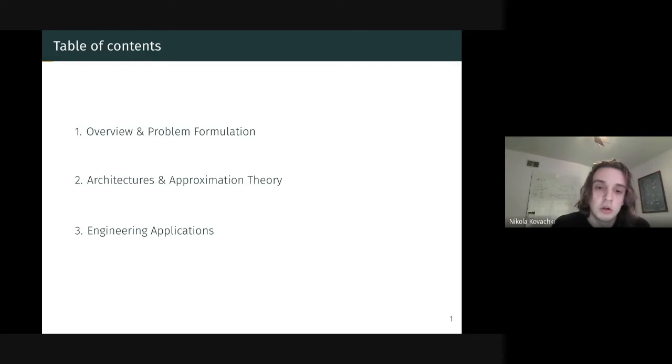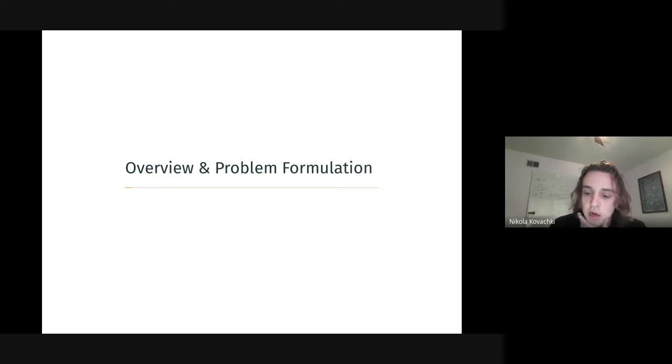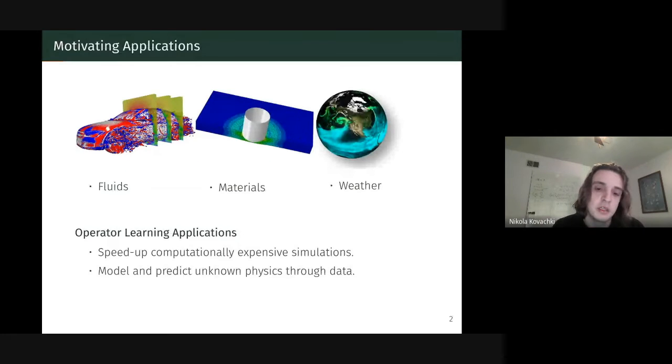Okay. So just as a motivation for why we care about operator learning, generally, I'm interested in scientific computing. So I'm interested in solving a lot of the problems that I've shown here. For example, we have fluid simulations, where we might have very complex domains like this car shown here.